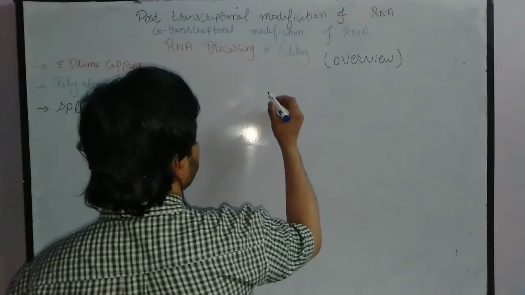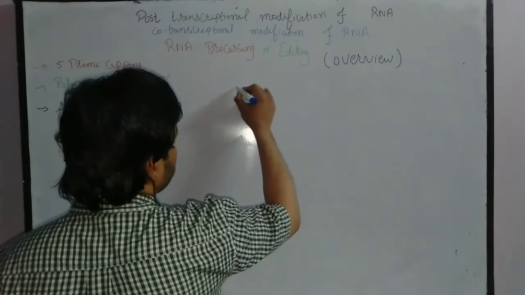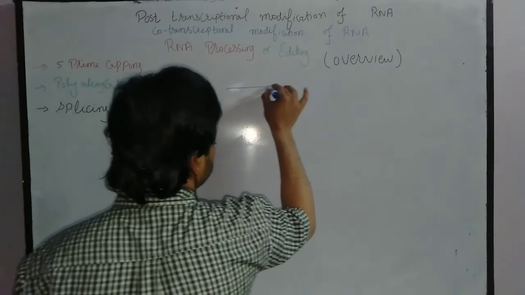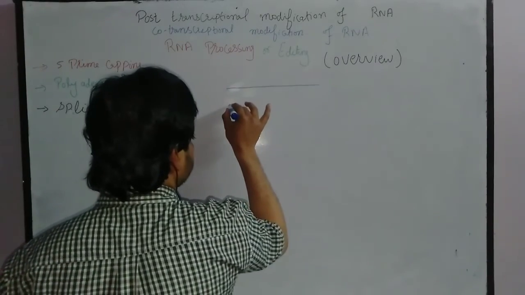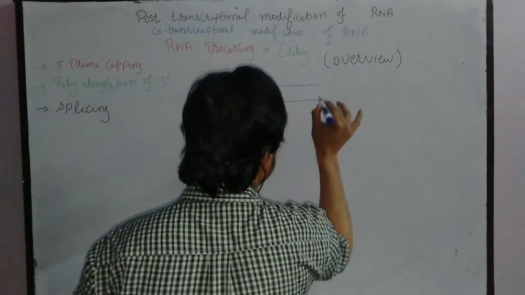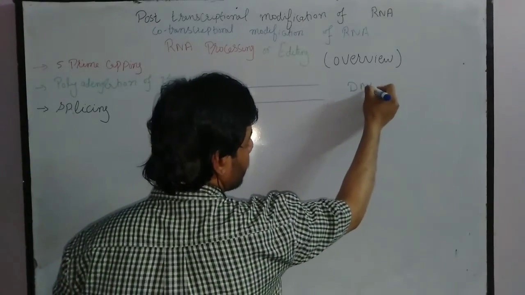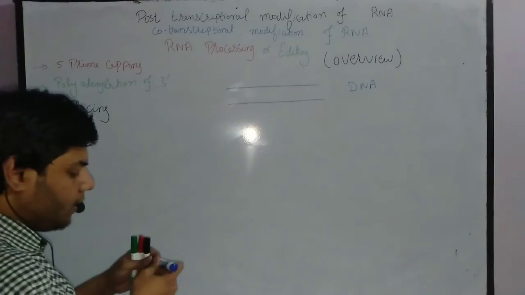What actually happens? We have the RNA. Let's suppose this is a DNA molecule, double-stranded DNA.